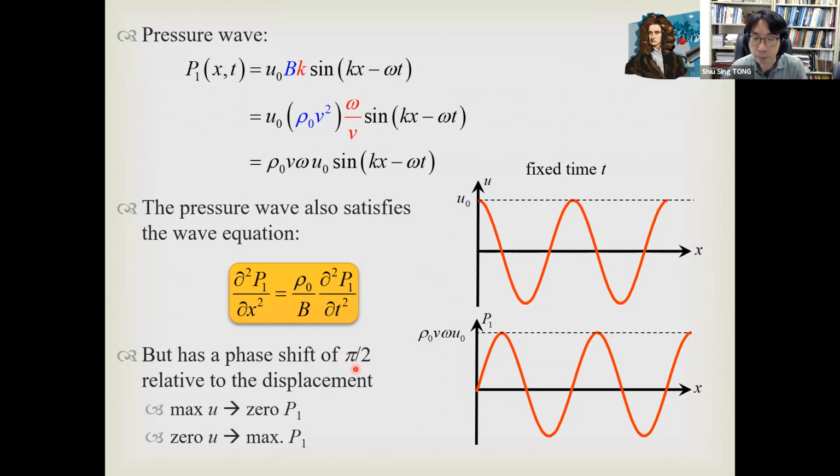Okay, and you can now also see that the maximum of u corresponds to a 0 in p, and the 0 in u corresponds to a maximum or minimum in p. Okay, so that is a very interesting feature. So they are always out of phase by pi over 2, a quarter of a period. So one goes to maximum, the other will go to 0, and vice versa. Okay.